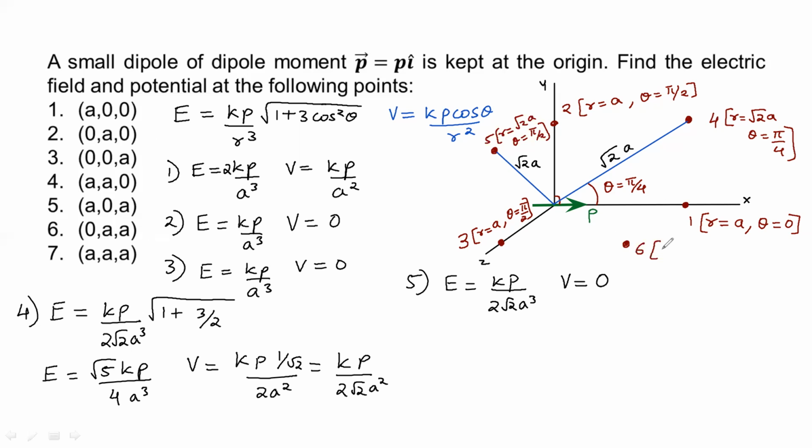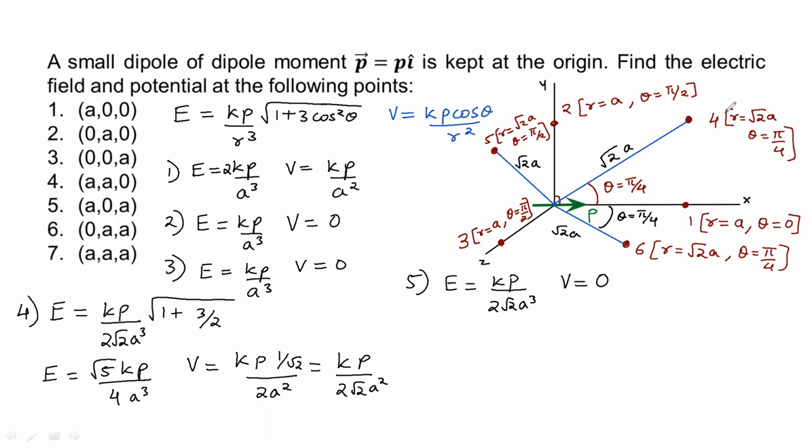Okay, so you can see that the distance between the dipole and that point is again root 2a, and the angle is theta equals pi over 4. Okay. So for point number 6, r is again root 2a and theta is equal to pi over 4.